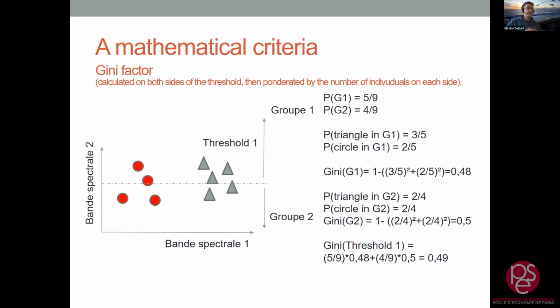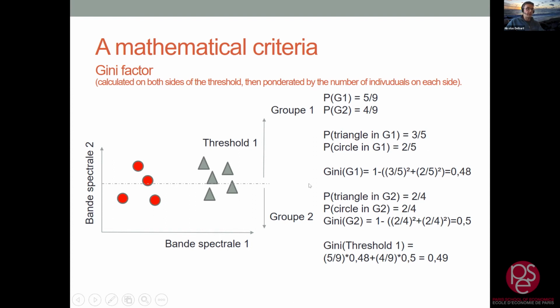Basically, for one specific threshold value here, a Gini factor is calculated on this side, and a Gini factor is calculated on the other side. Then these two Gini factors are averaged, using a weighting based on the number of individuals on each side of the threshold. Here I give the detail, but I think I don't have to develop it.